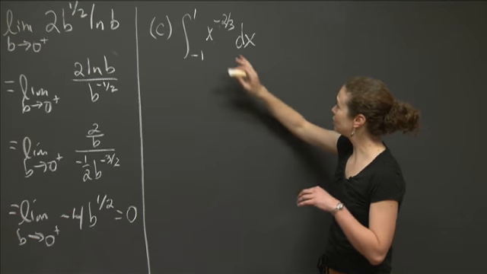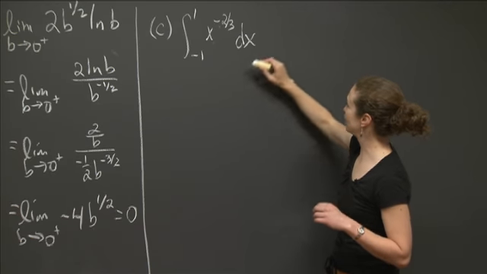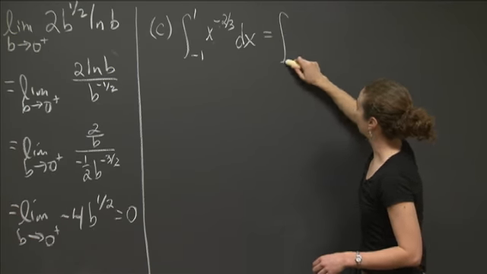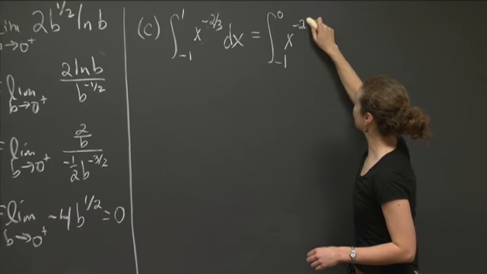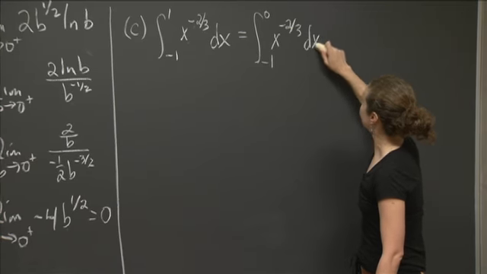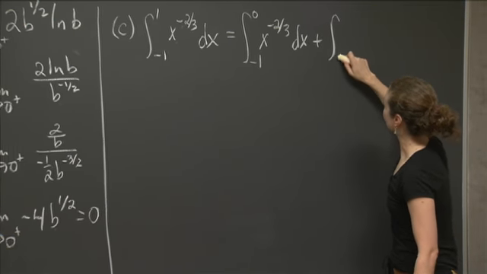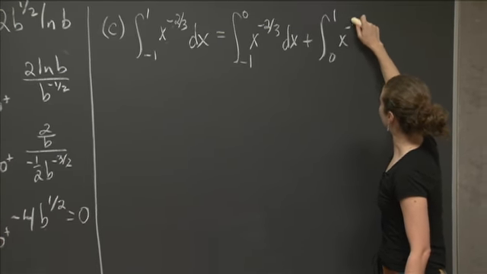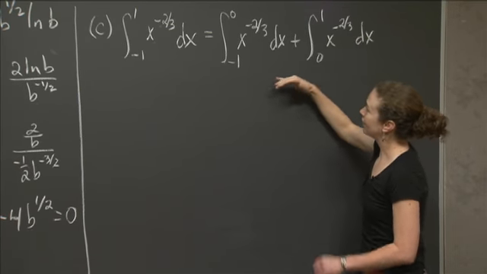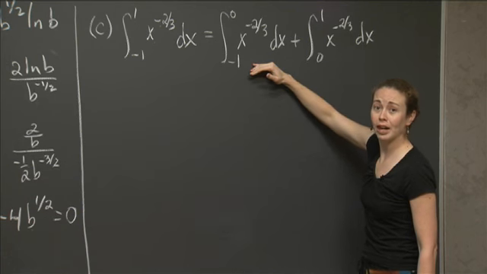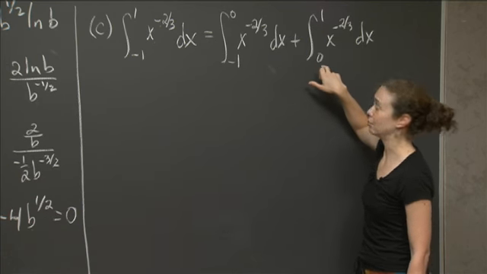So what we want to do is we have this strategy for these problems. It's to split it up into 2 parts: the integral from minus 1 to 0 of x to the minus 2/3 dx, plus the integral from 0 to 1 of x to the minus 2/3 dx. Now, the only place where I have a vertical asymptote, I see it as an endpoint on both of these.